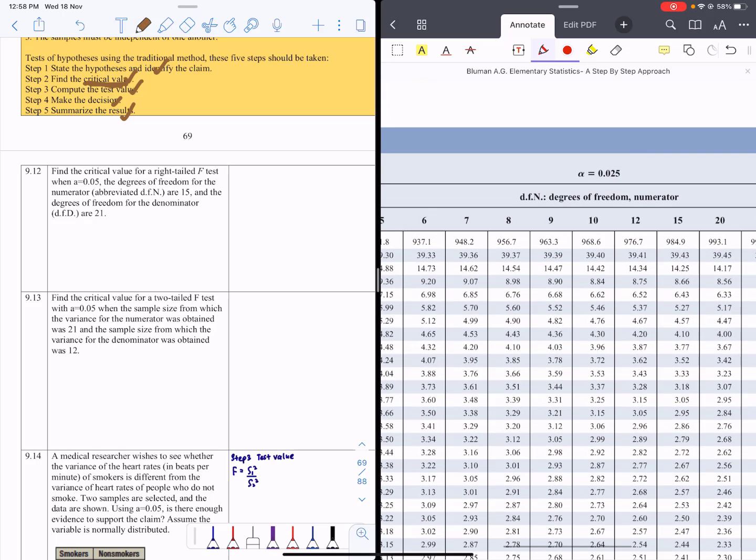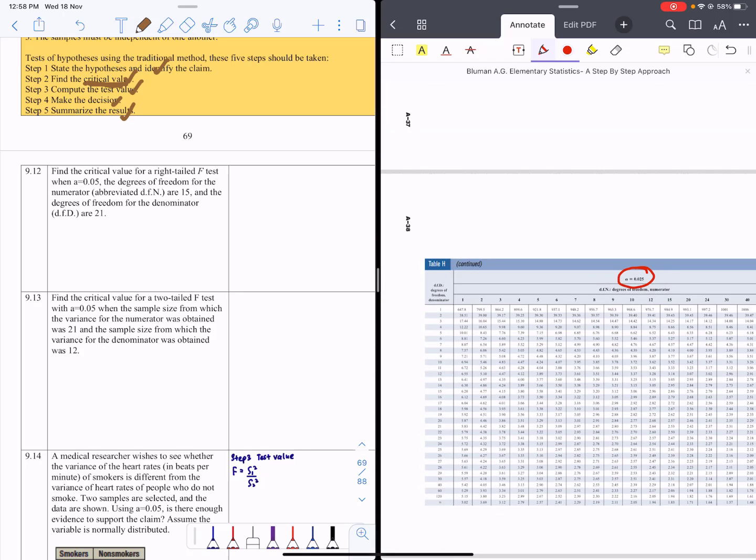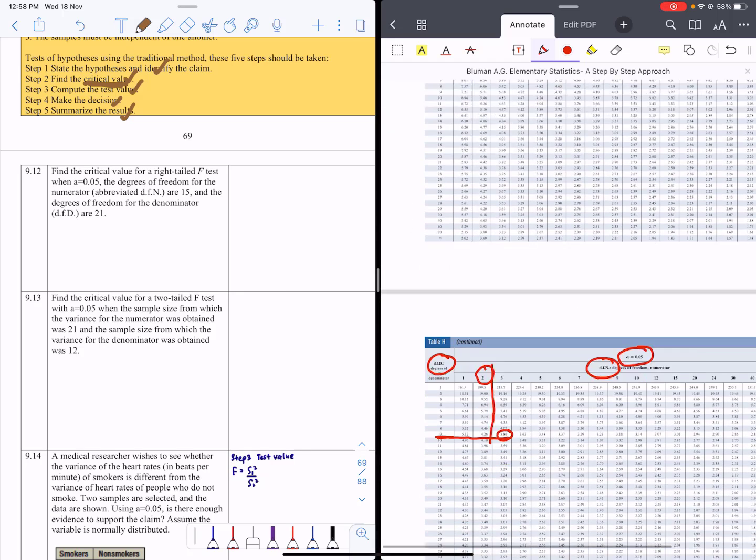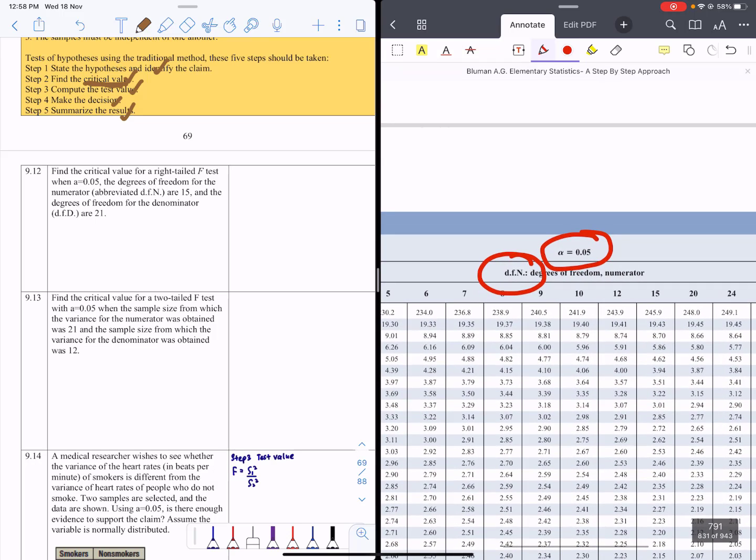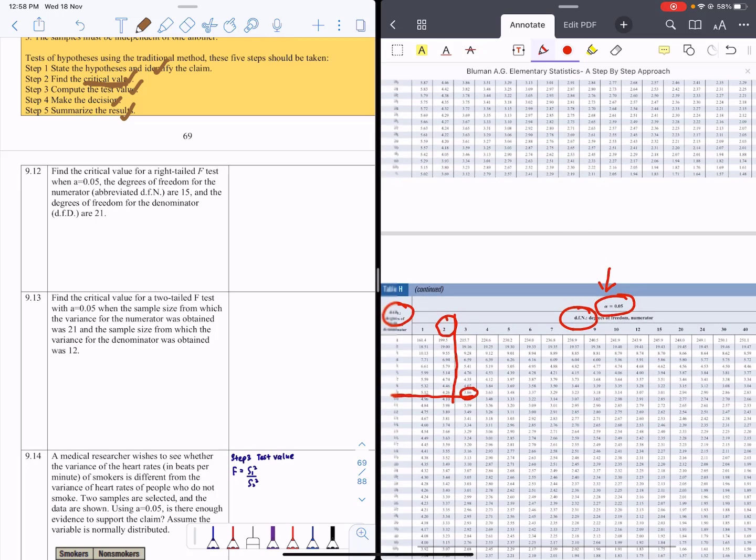If you look here, we have 0.025. This is one table only for alpha 0.025. If the alpha is 0.05, you need to use another table for finding the critical value.